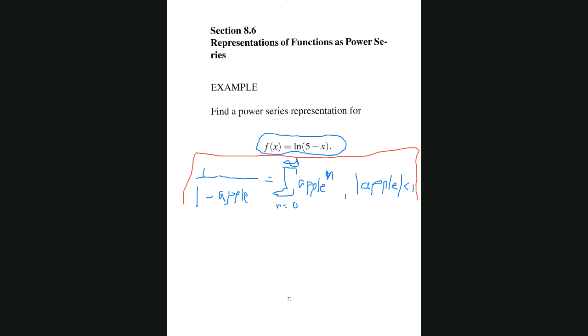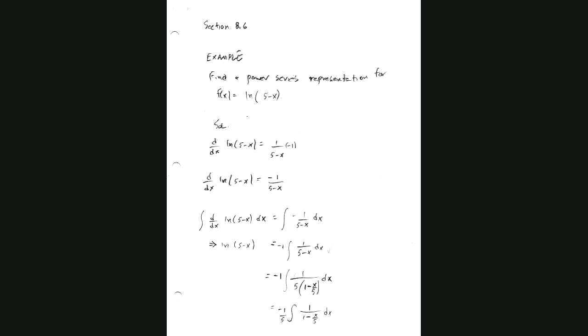Okay, so we'll move to the next page here. So if we differentiate the log of 5 minus x, by the chain rule, we're going to get 1 over 5 minus x times negative 1. Therefore, the derivative of the log of 5 minus x is negative 1 over 5 minus x.